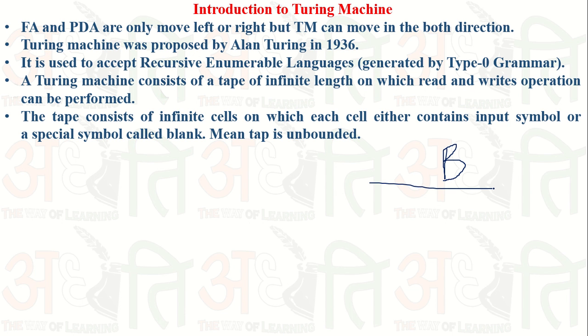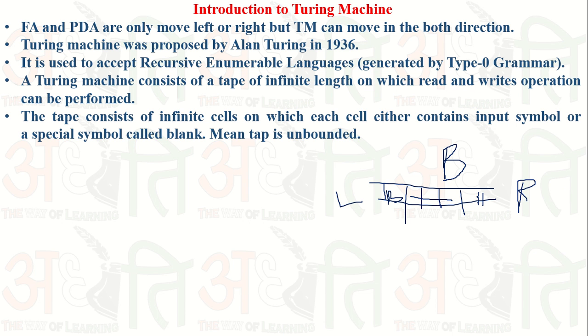Inside the tape, it contains the input string which we are going to test on our Turing machine. And at both ends, the left end and the right end, it contains the special symbol B.